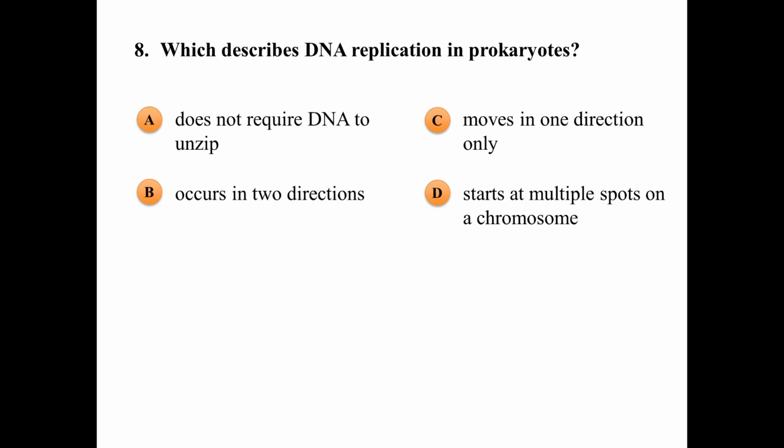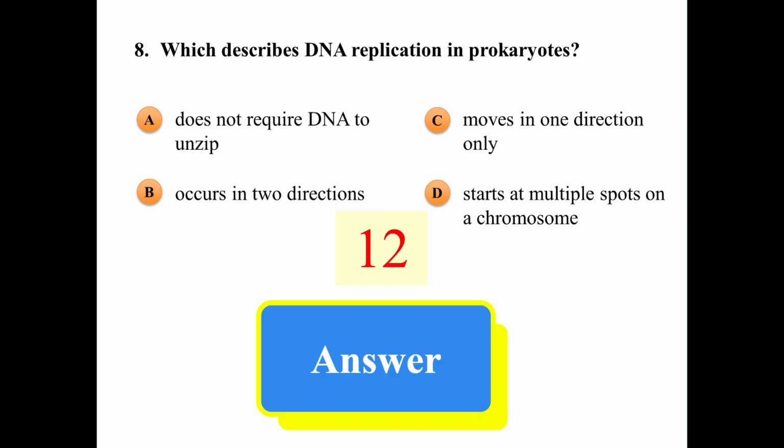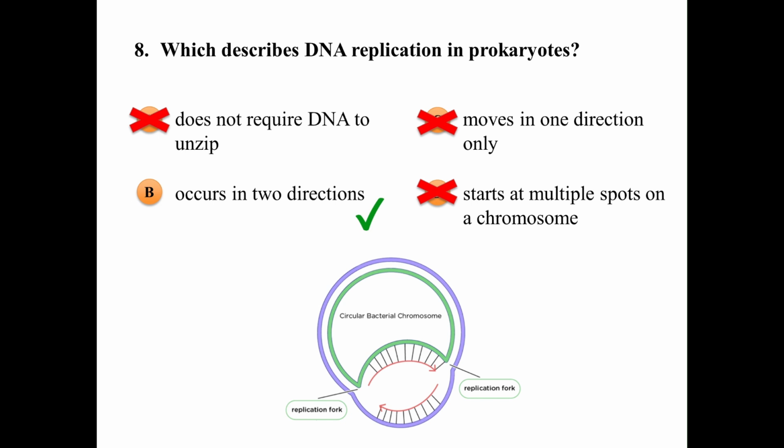Which describes DNA replication in prokaryotes? The correct answer is B, occurs in two directions.